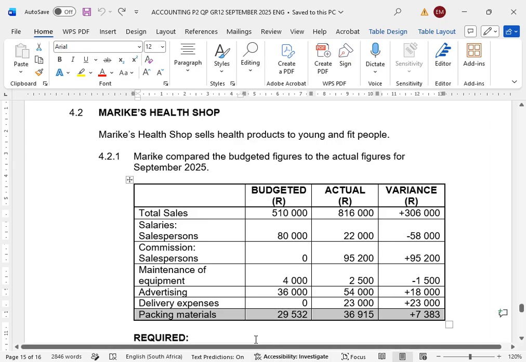So my budgeted one is going to be 29,532 over 510. My actual one is going to be 36,915 over 816. Or what else can I do?